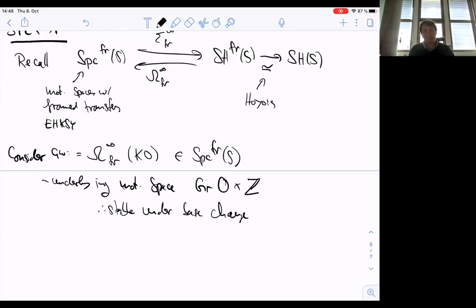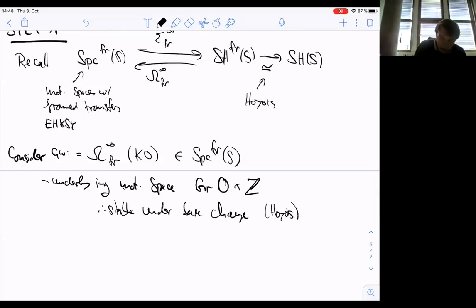So the underlying space with transfers forgotten is stable under base change, right? Because Grassmannians are. And then this implies that the space with transfers is also stable under base change, because the base change of framed spaces commutes with this underlying functor due to Marc Hoyois.